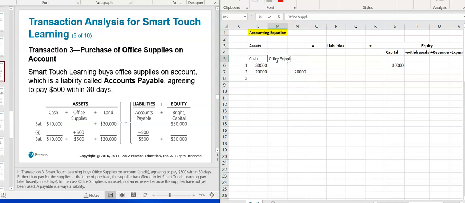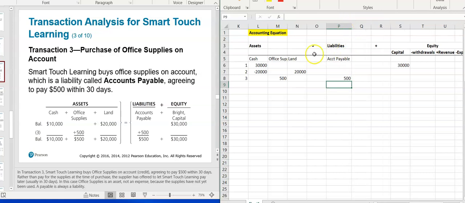So I'm going to have office supplies. It's an asset. It's increasing. They cost me $500. I haven't yet paid for them. I owe for it. So I'm going to have to pay, and that is an accounts payable. So there's 500 there. All right, so I have 500 on the asset side, 500 on the liability and equity side. So all looks good.